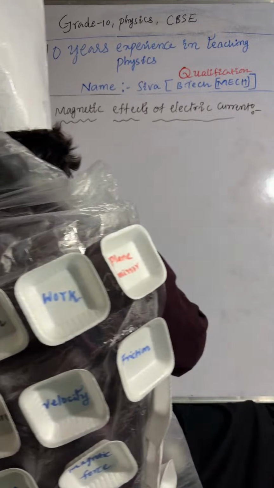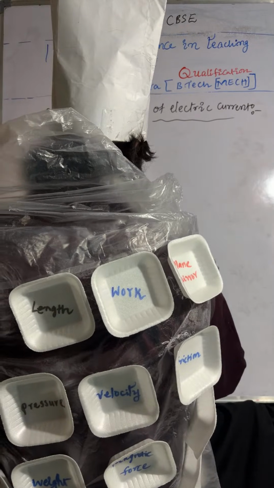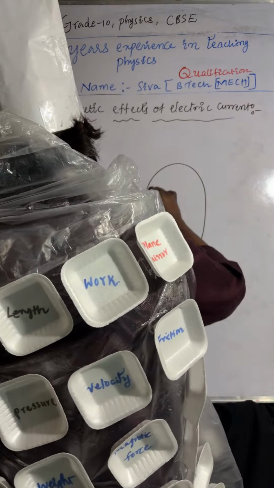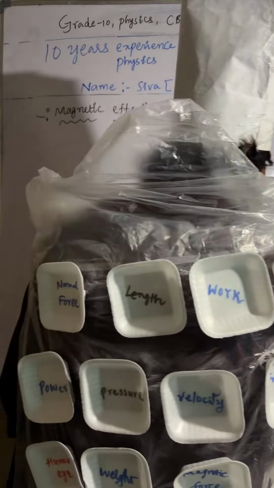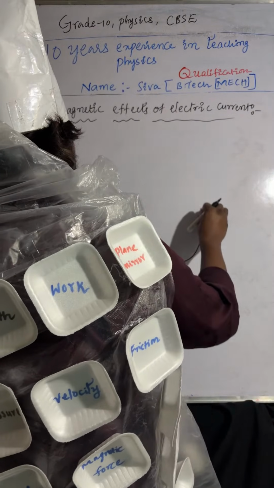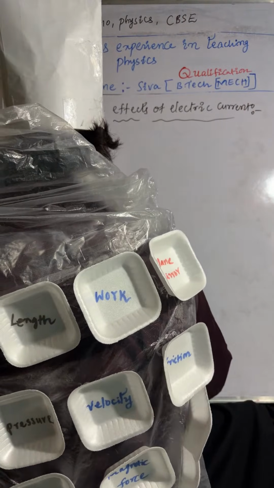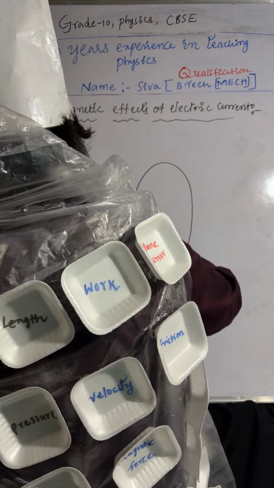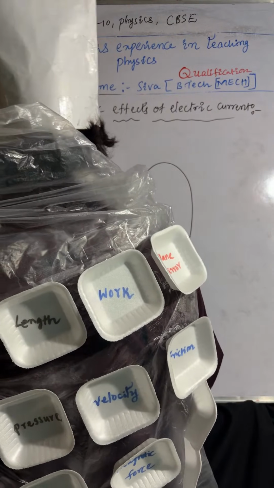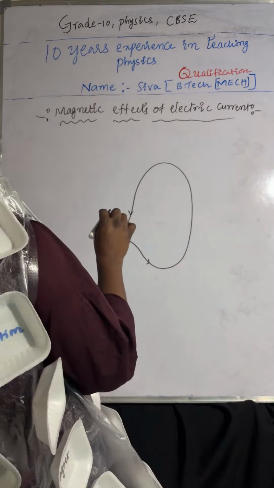Loop. So now you can see, current is passing, so magnetic field will be produced.